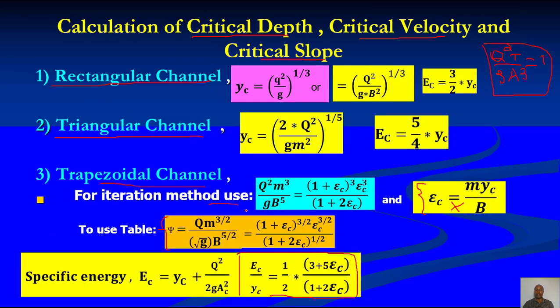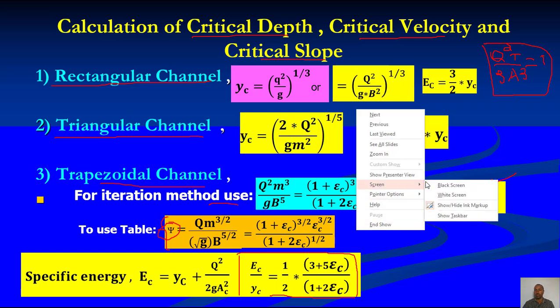For the trapezoidal section, you compute psi, which is Q over the square root of g times b to the power of 5/2. If you have this, then you can read psi from the table. Then eta c will be computed, and from this yc will be computed.